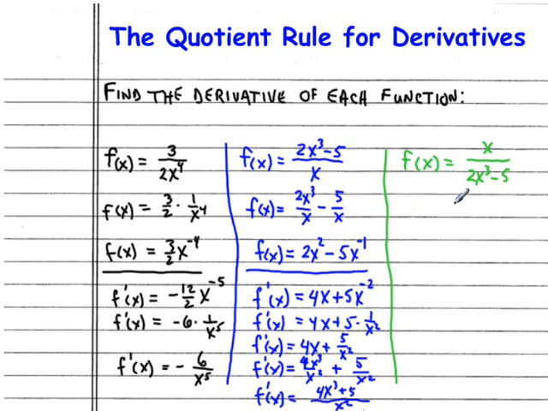So this function creates a problem that we haven't dealt with before. To take the derivative here requires what's called the quotient rule, and that's what we're getting ready to discuss. This requires the quotient rule.